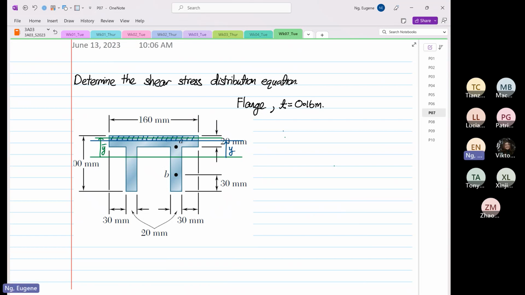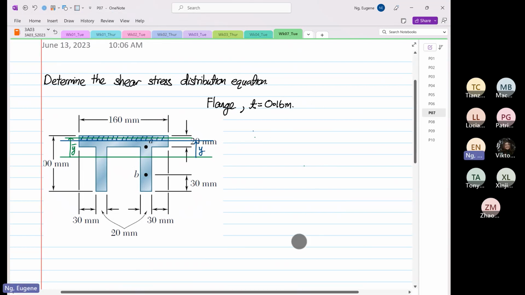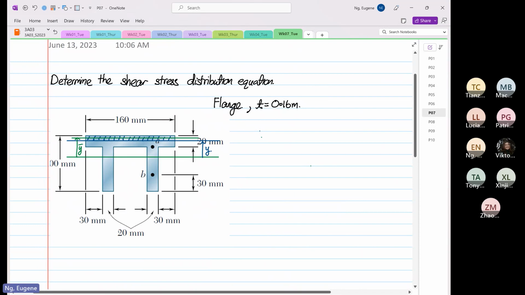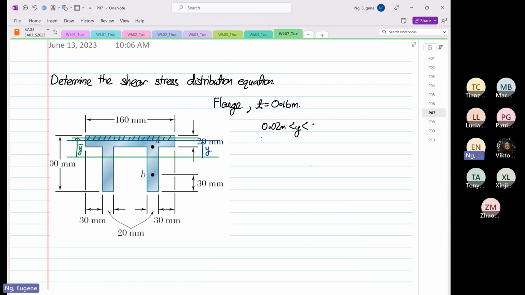So the equation that we are going to form has limits. It is only valid where y is between 20 millimeters or 0.02, and less than 0.035 meters.